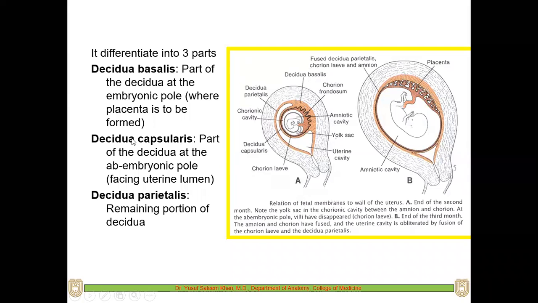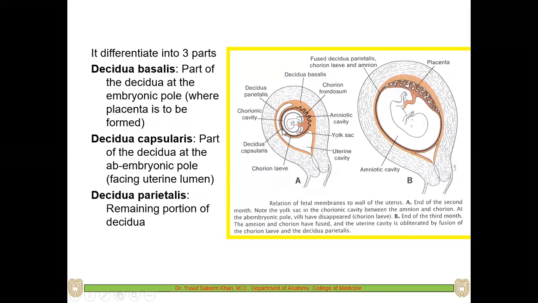Then decidua capsularis is the part of the decidua at the embryonic pole facing the uterine cavity lumen. Because, as we know, the embryo has invaginated into the wall of the endometrium, a part of the endometrium covers it superficially and forms a capsule. So this is called the decidua capsularis.